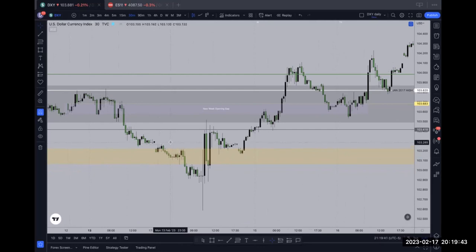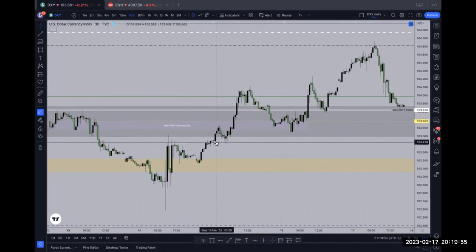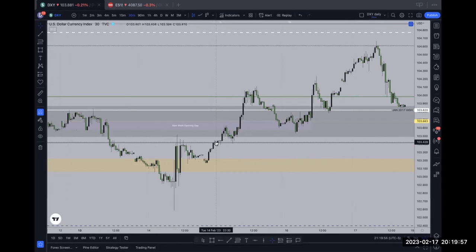I did have these levels marked up and I was monitoring how price responded to them if they traded to them. But I've since deleted them because, as I'm doing this review, there's no reason to have the chart cluttered with a whole bunch of markup.